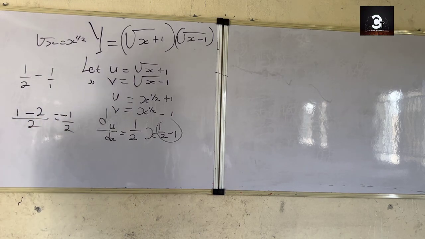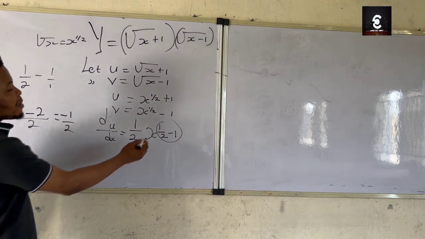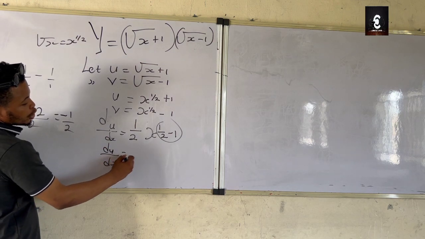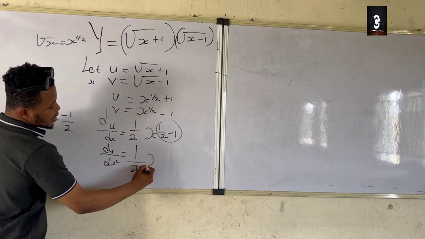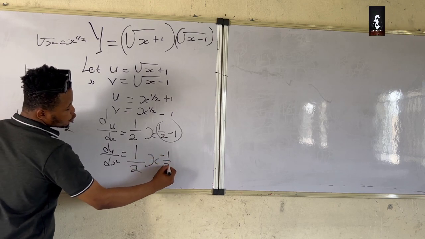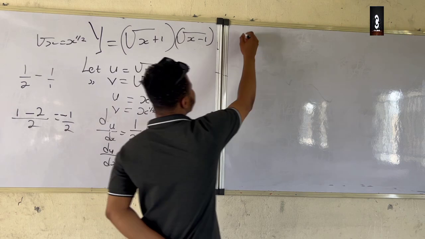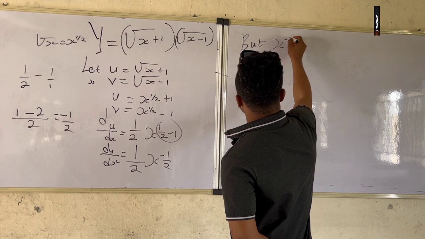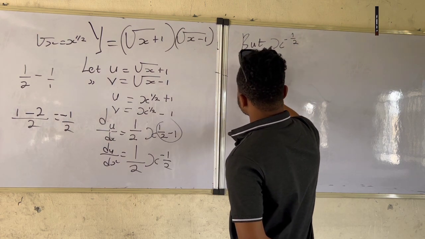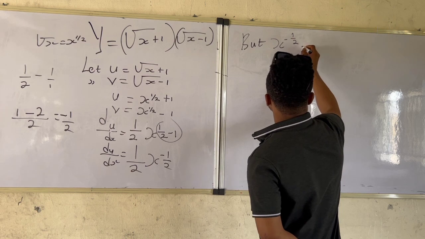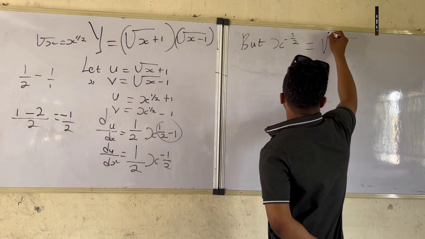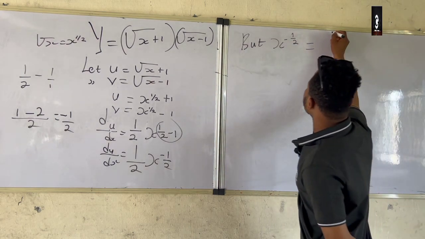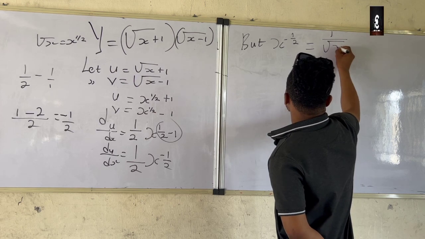Since I've gotten the LCM, what am I expected to do? You come back here, remove this. du over dx is now going to be 1 over 2 x to the power of minus 1 over 2. Now, all you need to do is say but x to the power of minus 1 over 2 means square root, and because of this minus sign here, negative law of indices, I will introduce 1 over root of x.